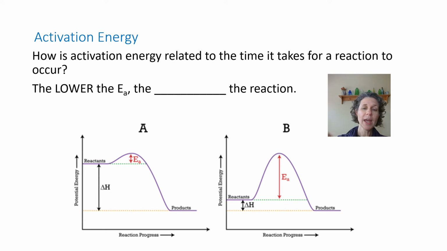It's going to take you way longer to get up this big hill over here than it will to get up this little hill. So the lower the activation energy, the smaller the activation energy, the faster the reaction time. And so it really has a big impact on that rate.